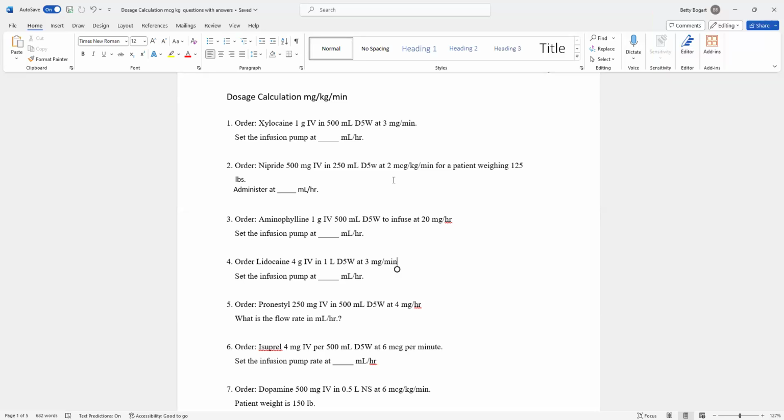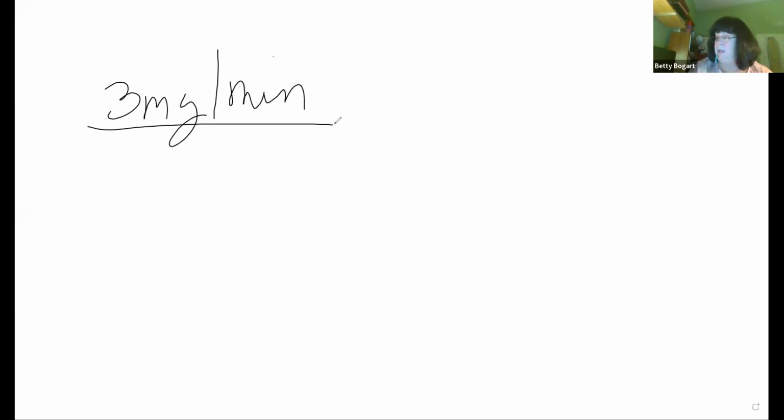Absolutely, I'll write that one out. Then I'm going to go into the most evolved one, and it's just plugging in numbers. So our dose, they want you to give 3 milligrams a minute of whatever it is. And they sent up a bag which had 1 gram, and it came in 500 mLs.